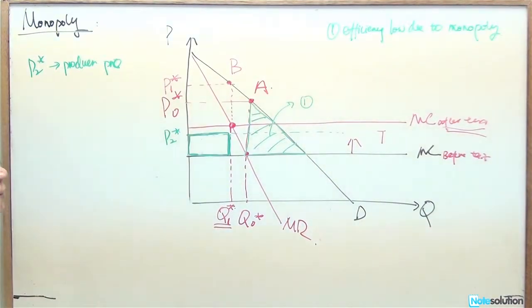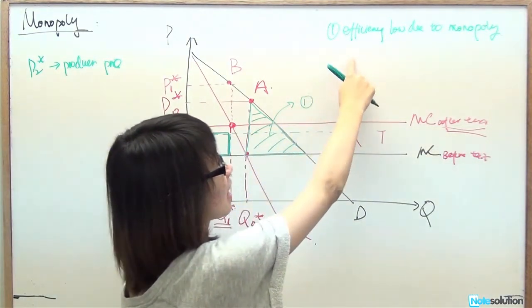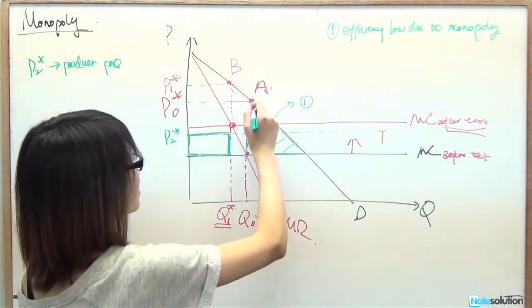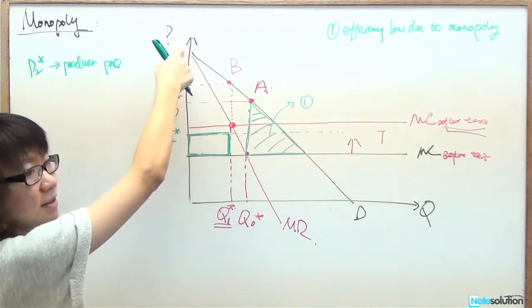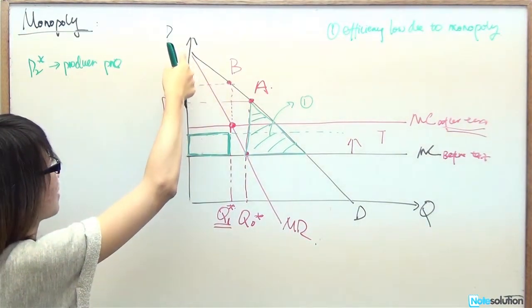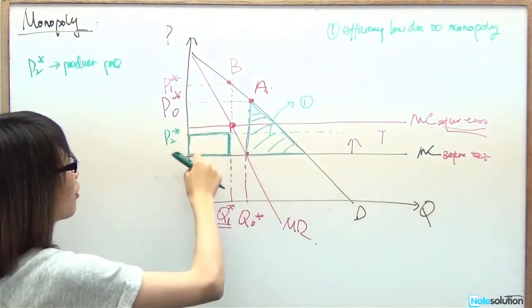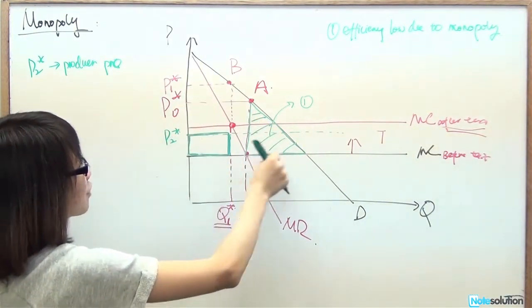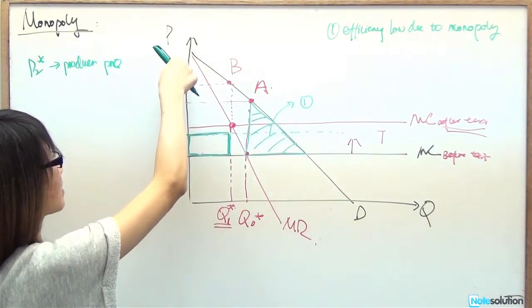Now let's try to find the effect of the tax on the graph. As we just talked about, the efficiency loss due to the monopoly will be the small triangle on the right. Let's recall how this is calculated. At the beginning, the whole big triangle is the consumer surplus plus the producer surplus in the perfect competitive market.